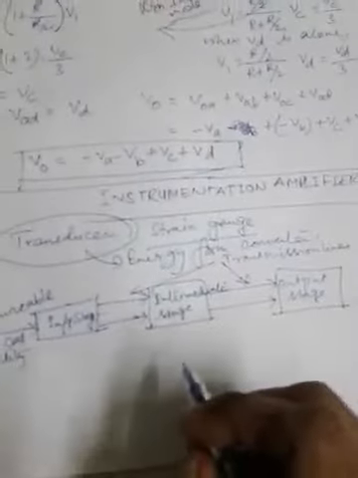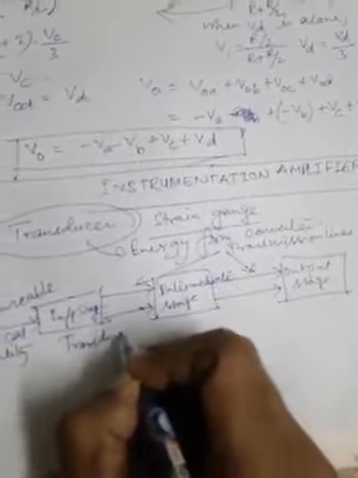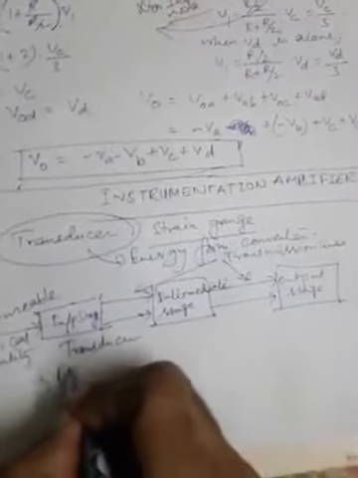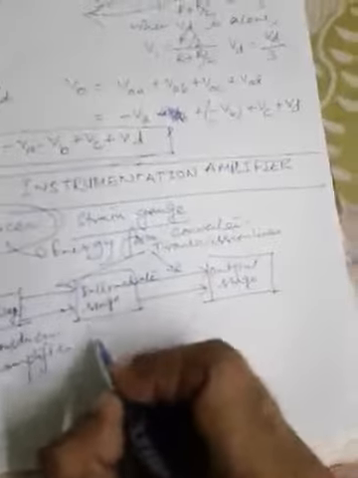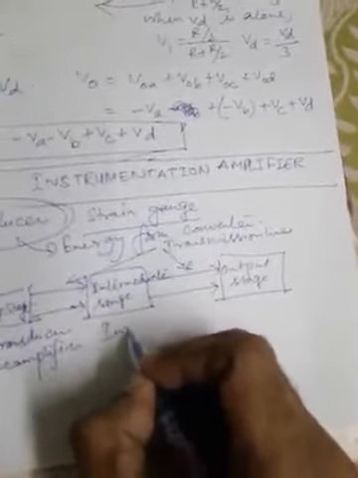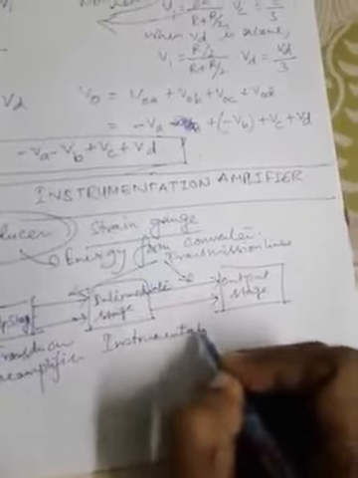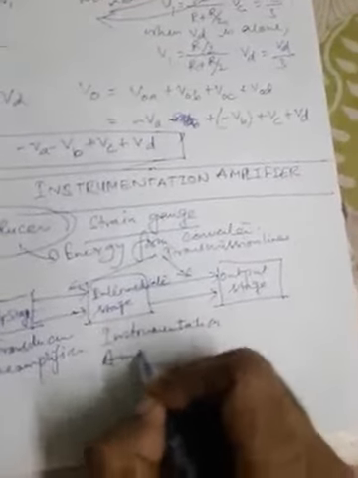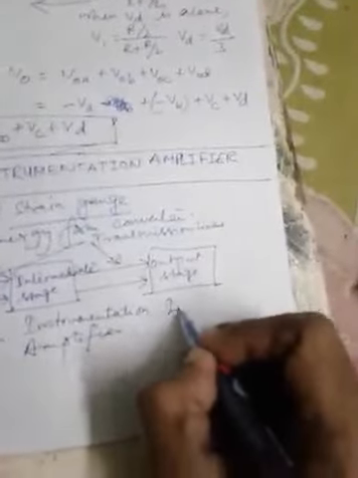The first stage is called the transducer and preamplifier. The second stage is the instrumentation amplifier. And the third stage is the indicator and automatic process controller.